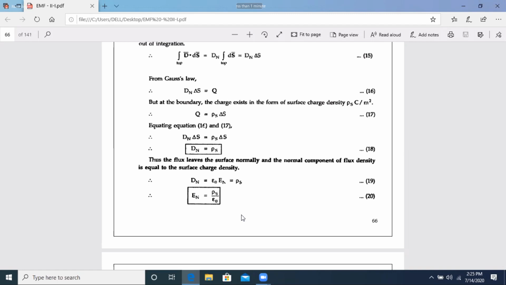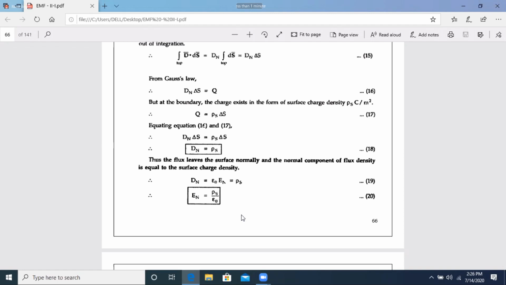Everybody get that? Factor out epsilon naught and then multiply it by 8ax plus 12ay. So that's D tangential 2.